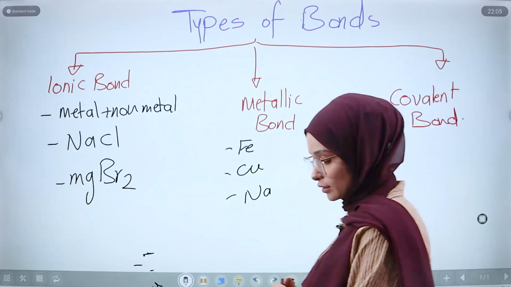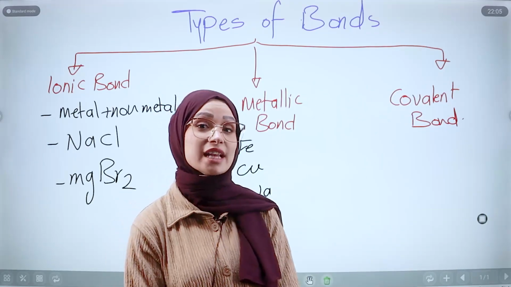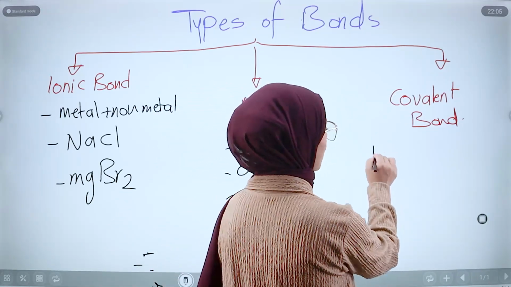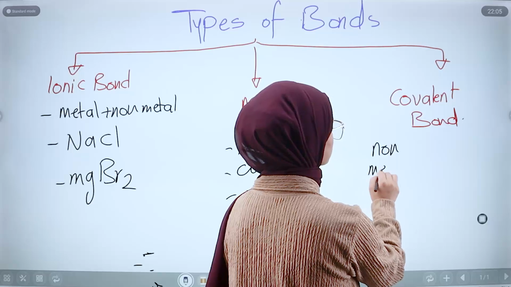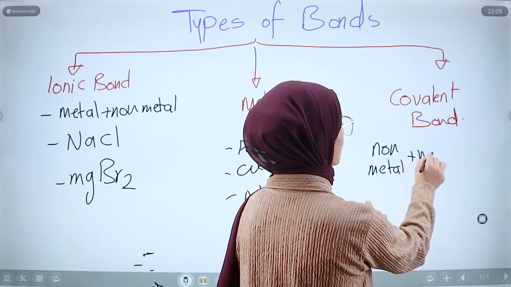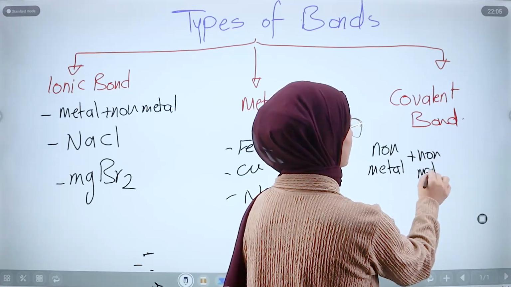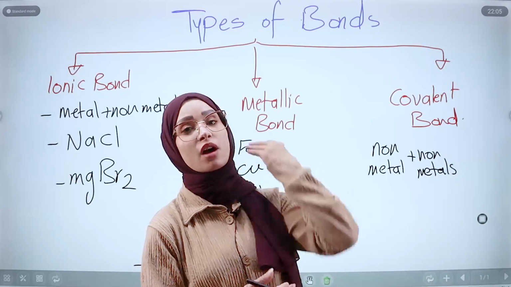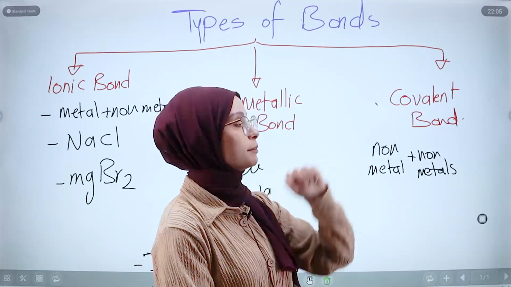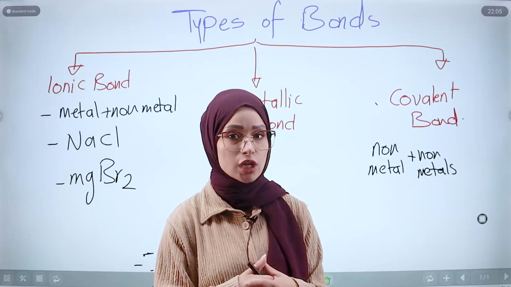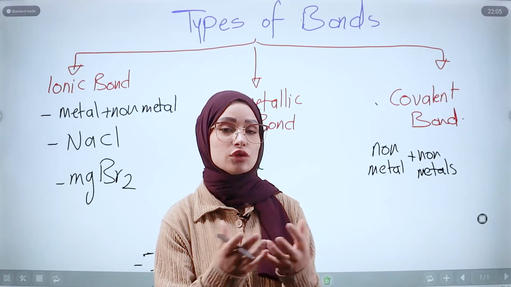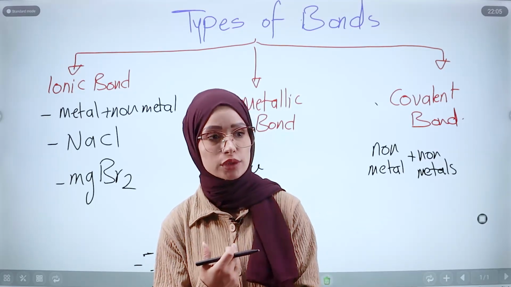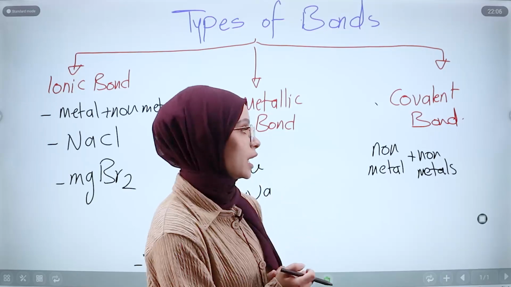Finally, I have covalent bond. Actually, the covalent bond is non-metals together. I mean non-metal with non-metal, they form a covalent bond. Covalent bond means sharing of electrons. These electrons are shared, they are not lost or gained anymore.